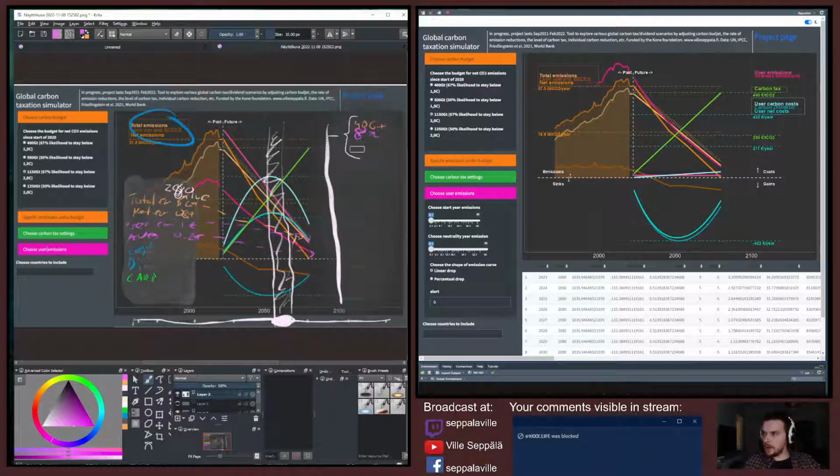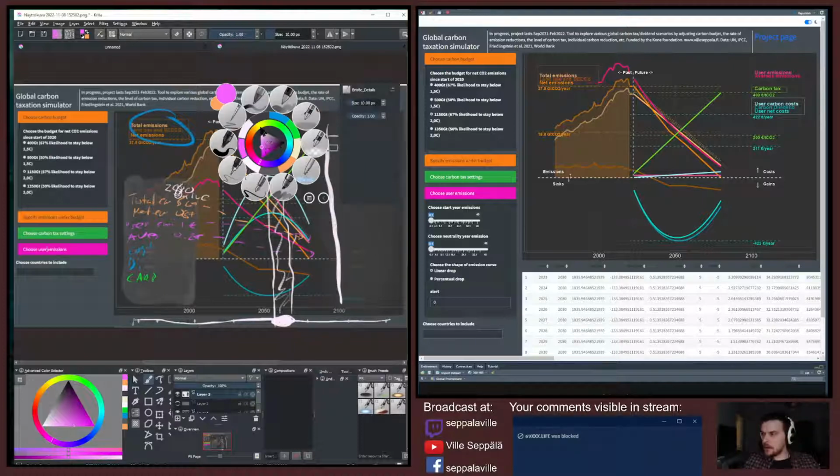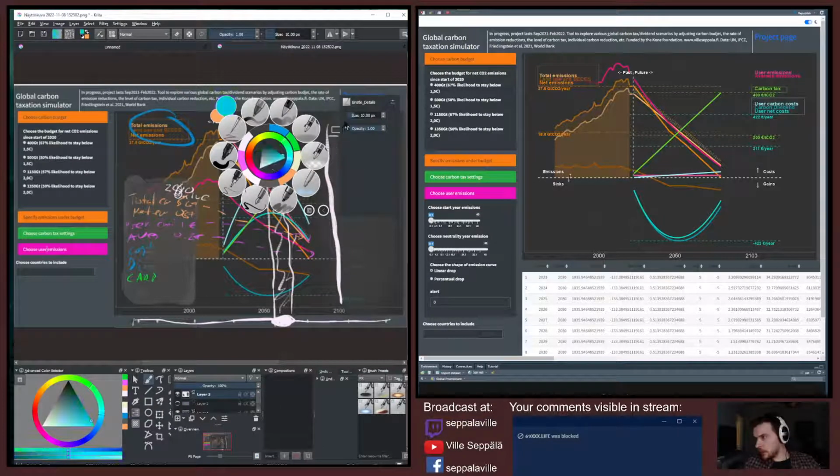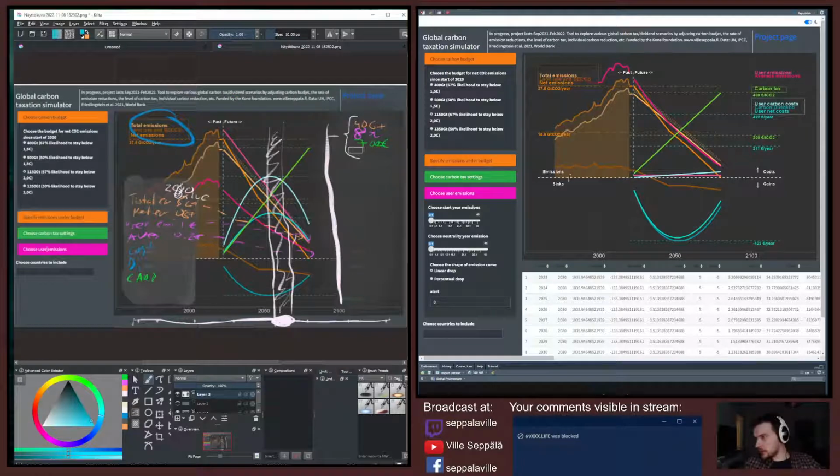We would have 8 tons. And then the tax scale, for example 700 euros, and then the user cost scale, let's say 1000 or something like that euros.